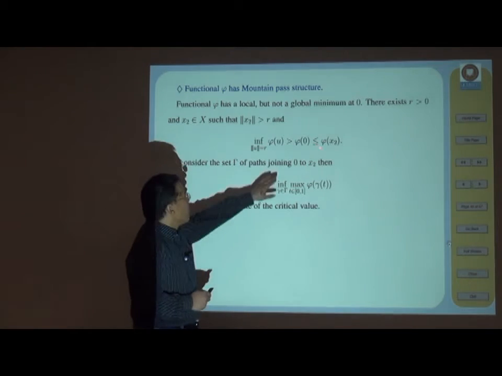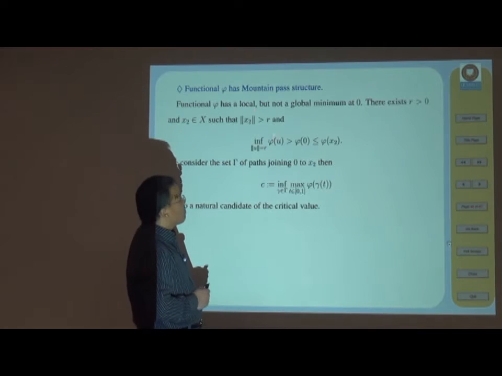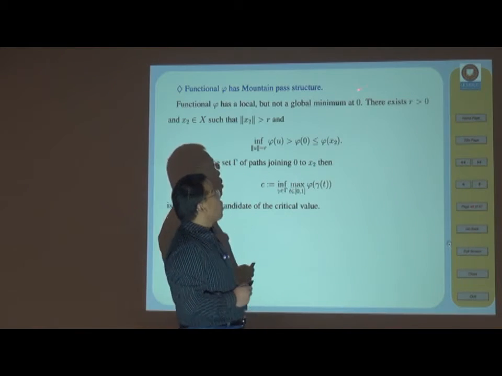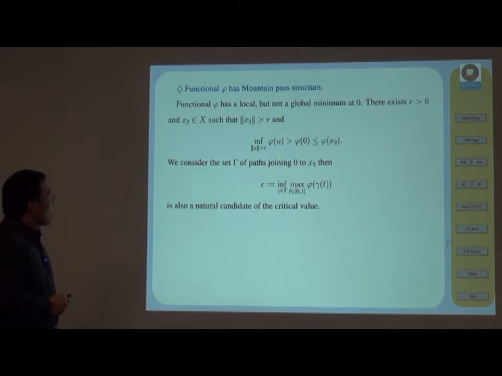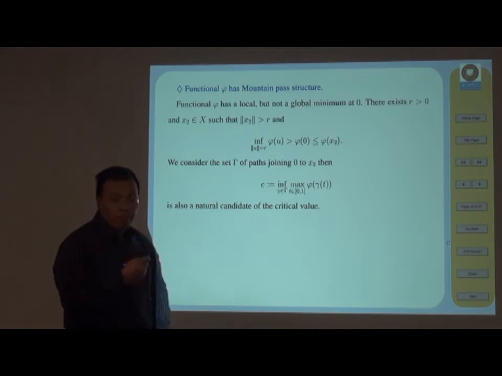This relation means that 0 is a local minimum, not the global minimum. When we consider the set gamma of paths joining 0 to x2, then this value is also a natural candidate of the critical value.